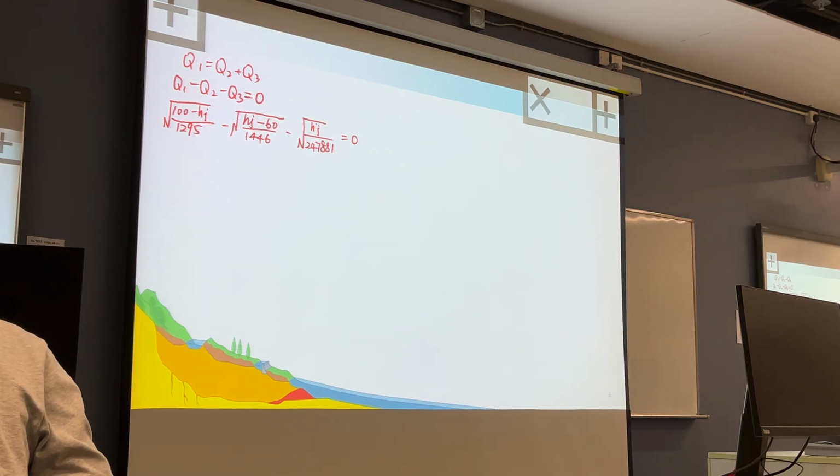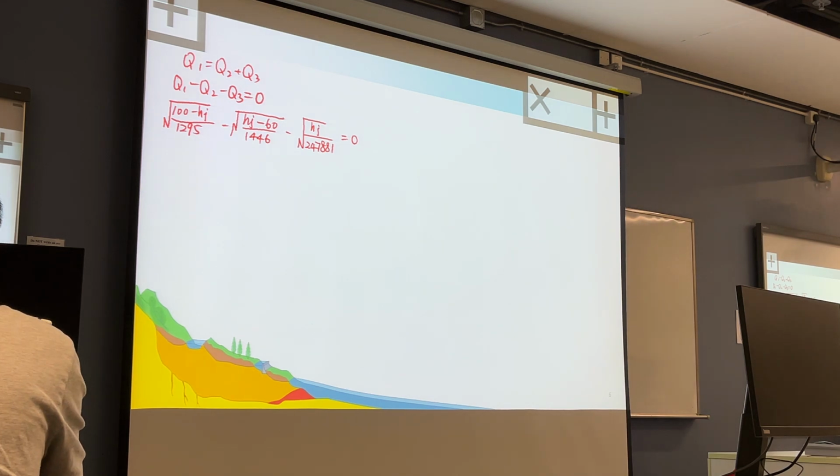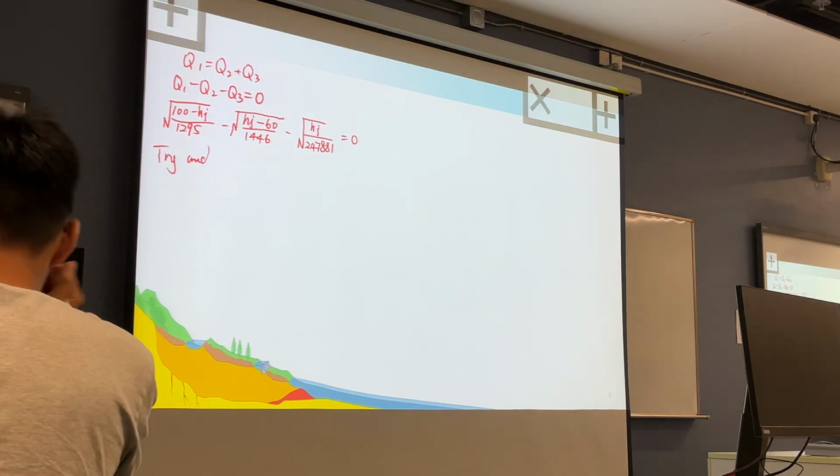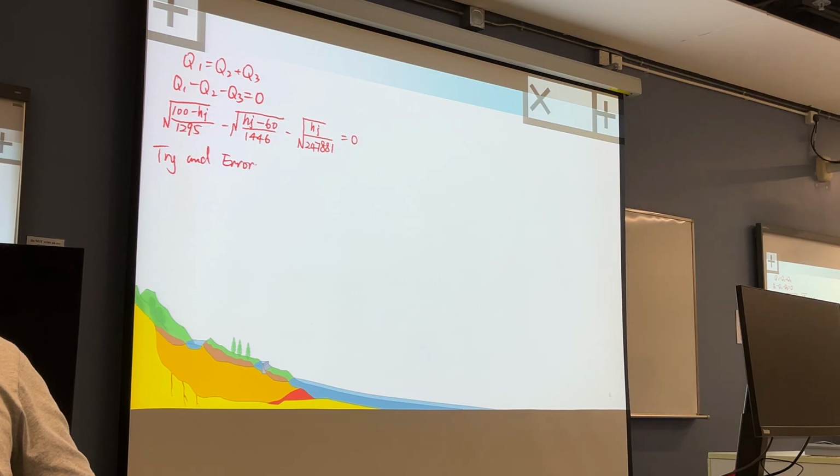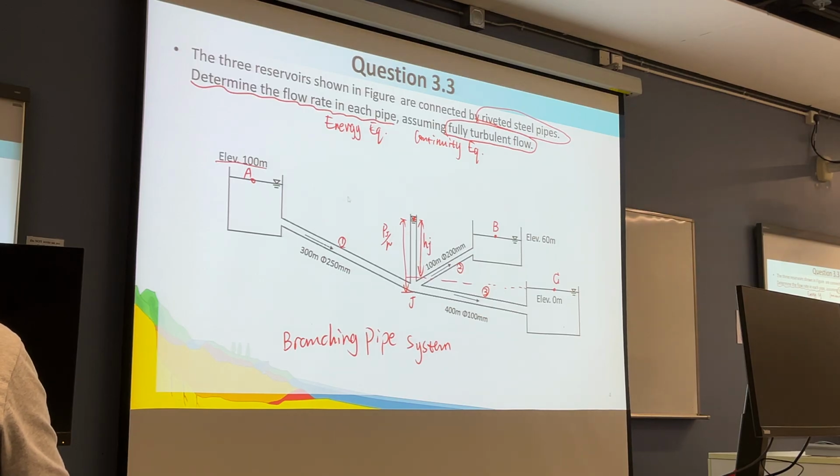There is no very good method to solve it, so we have to use trial and error. But we can narrow down the range for trial and error. Because J is in the middle from reservoir A to reservoir B, and the flow is from J to B, the HJ is supposed to be higher than 60 meter and lower than 100 meter.